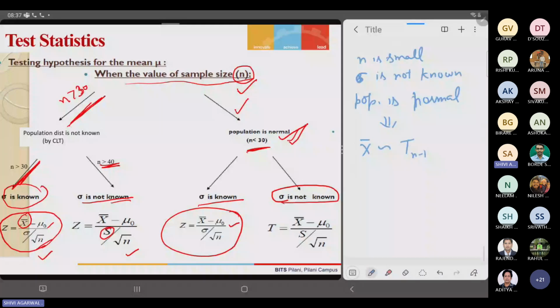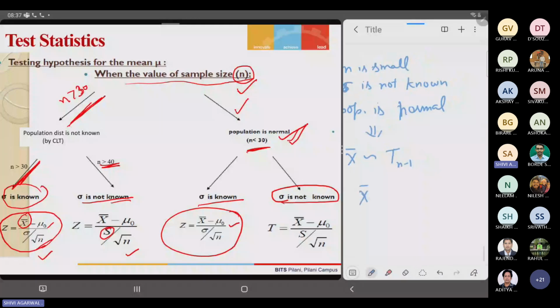So (x bar minus mu naught) upon (s upon root n) follows the t distribution with n minus 1 degrees of freedom. At that time we are using the t value instead of the z statistic, and we can compare with the rejection region by t alpha by 2, n minus 1. Correct?